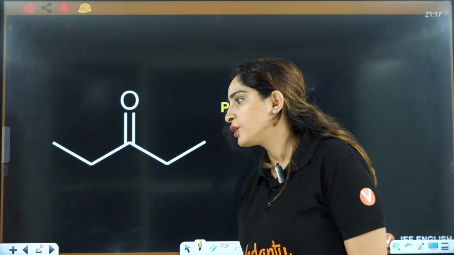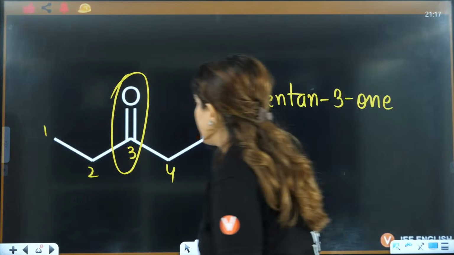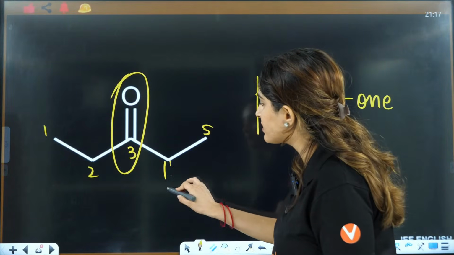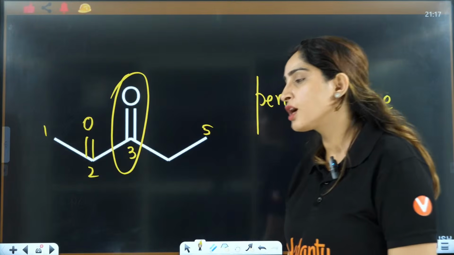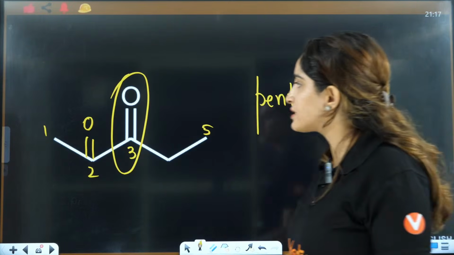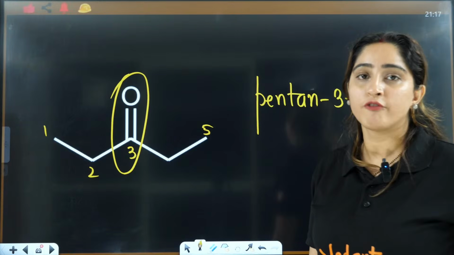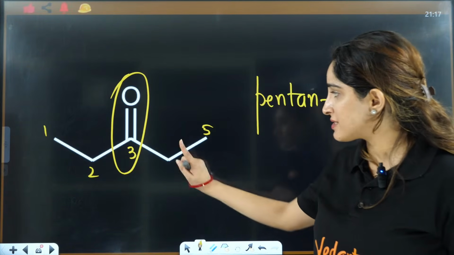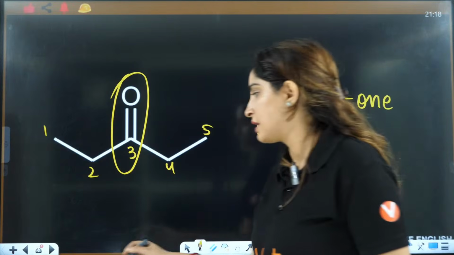Don't write simple pentanone. Pentanone is wrong, because that would mean the double bond could be elsewhere. So you need to mention it is pentane-3-one. You need to mention the position. Where is the ketone located? Is it on the second position? Third position? Fourth position? What is the position?